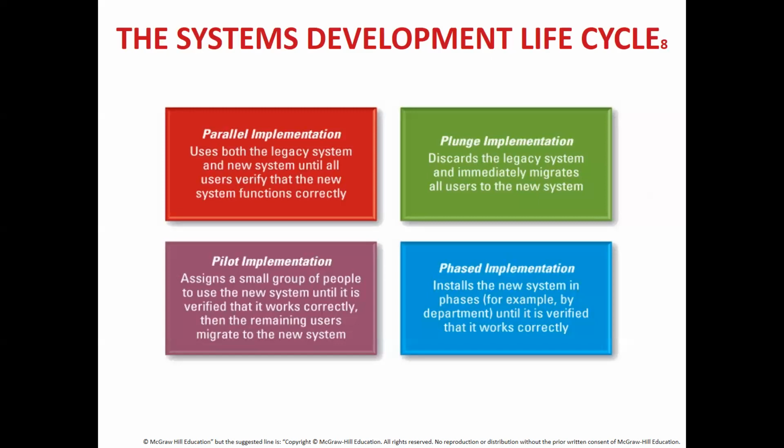The implementation, rather, works in phases. For example, it may be installed in one department first, let's say accounting department first. So if they agree everything is well and good, okay, then later onwards it may be implemented in sales department. If everything is done, then probably in marketing department and so forth.